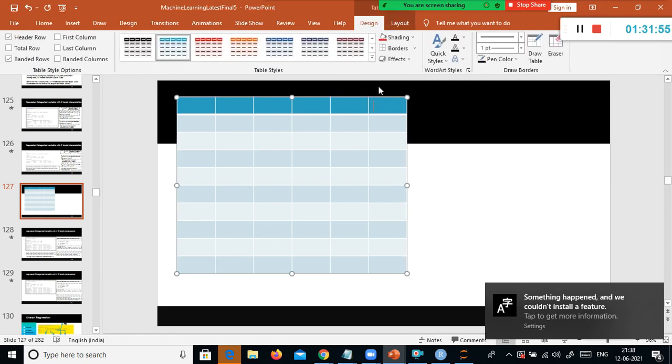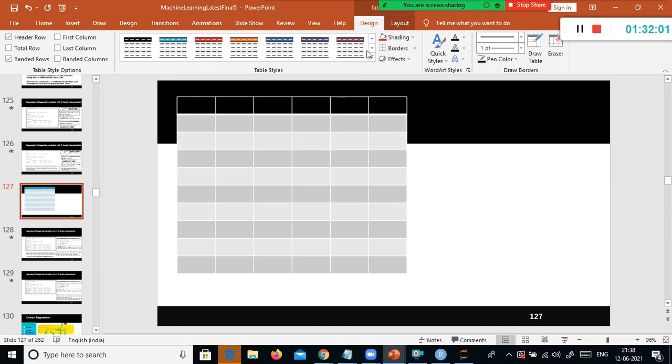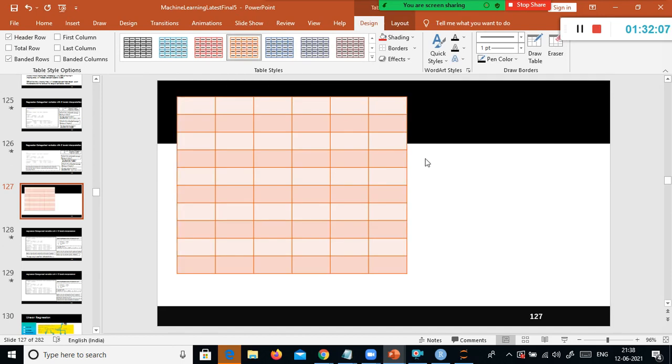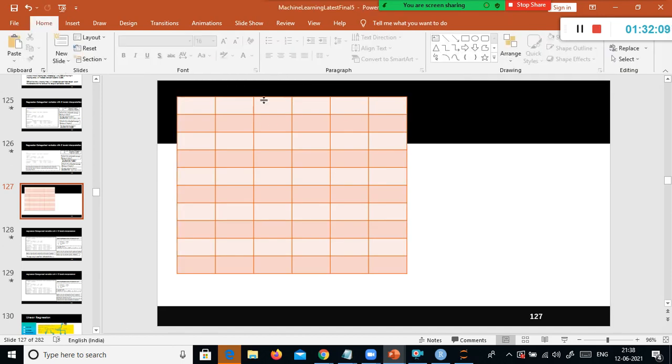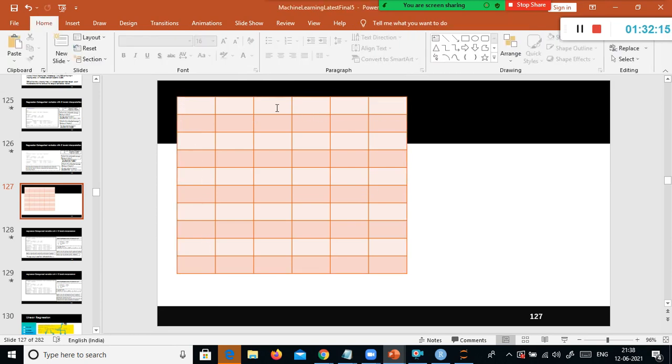Let me use some other color, it is difficult to see. This is pretty clear. So we have fold 1, fold 2, fold 3, up to fold 10. So 10 folds are there.